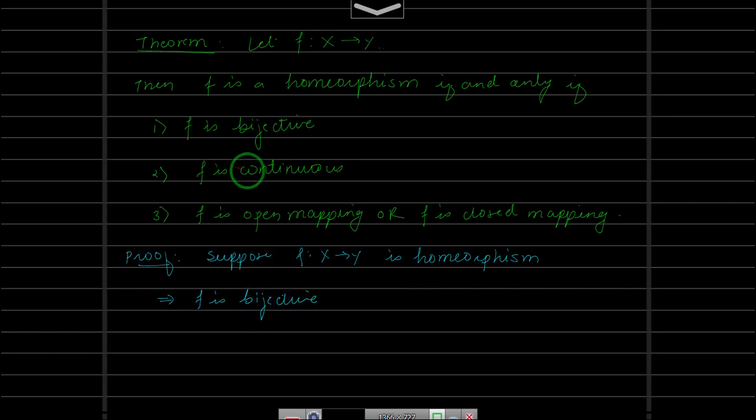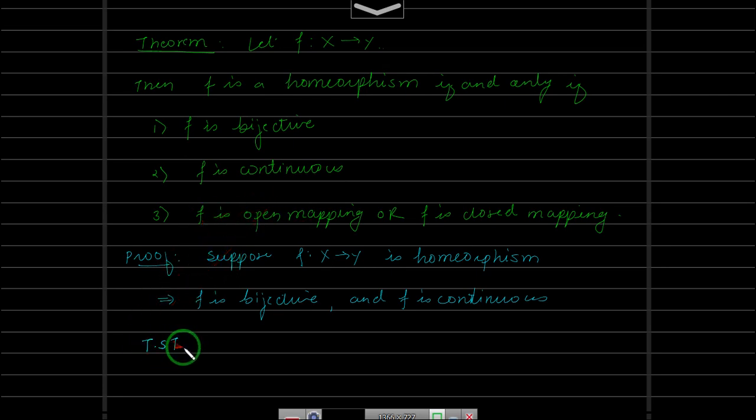That means our first point is done. And f is continuous. In that case, our second point is done, right? So the only thing we have to show is that f is an open mapping or closed mapping. Same thing we can do for the closed mapping, right? So we will prove it for open mapping.